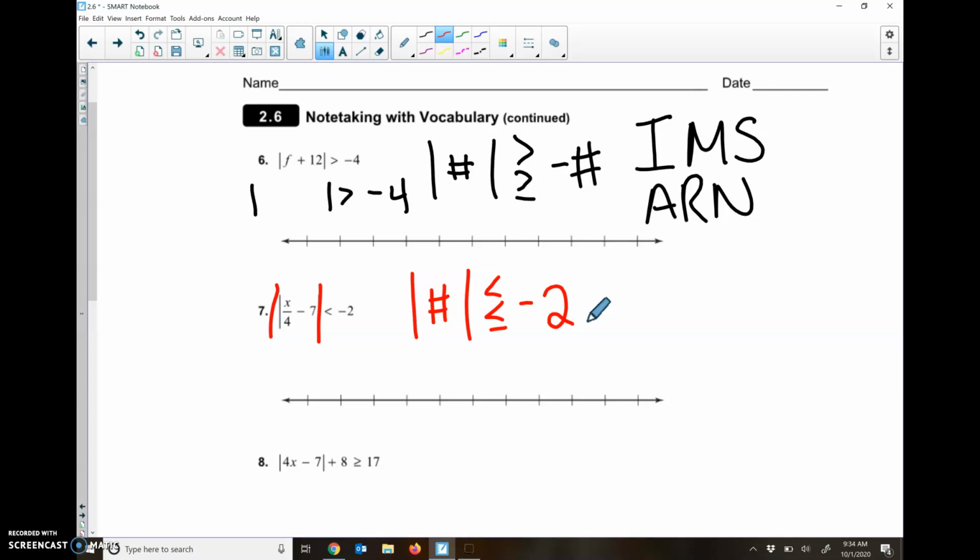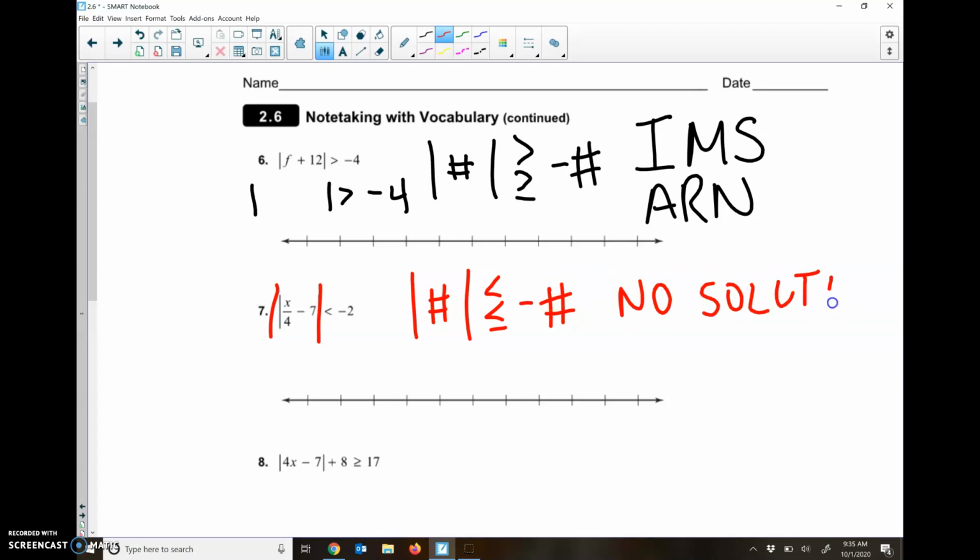No matter what you put in there, even if you put a 0, even if you put negative 1,000,000, positive 1,000,000, the absolute value of that is never going to be less than a negative number, in this case, a negative 2. So there's no way possible that the number inside the absolute value bar is going to be less than a negative number. So in this case, we're going to have a no solution.